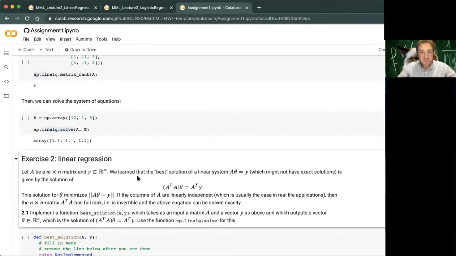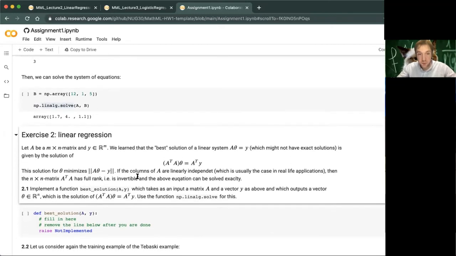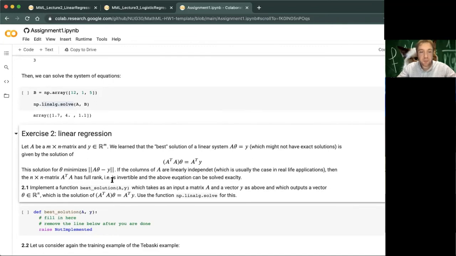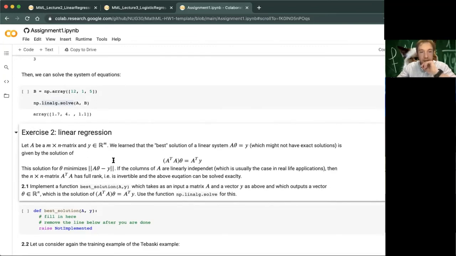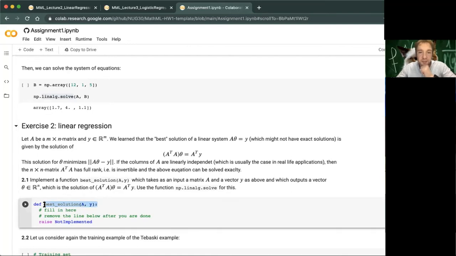And then you should use all this to do what we just discussed. So given a matrix A and Y, you want to find the best possible solution. Maybe this equation A theta equals Y doesn't have a solution, but you should write a function which gives the best possible solution.